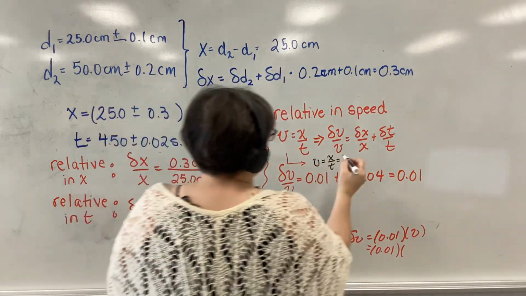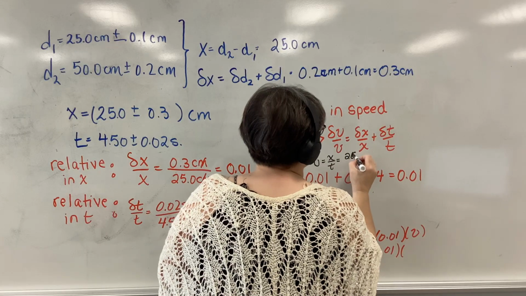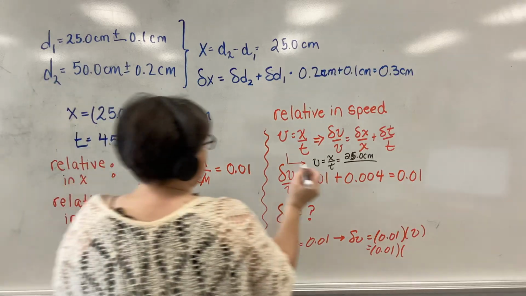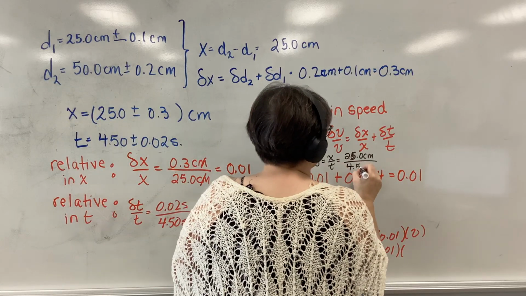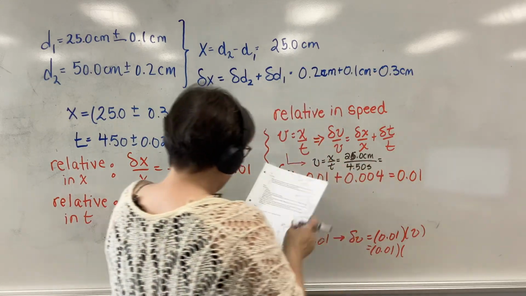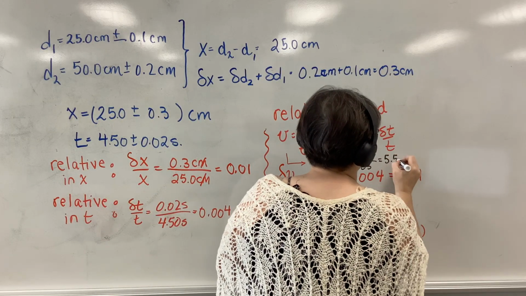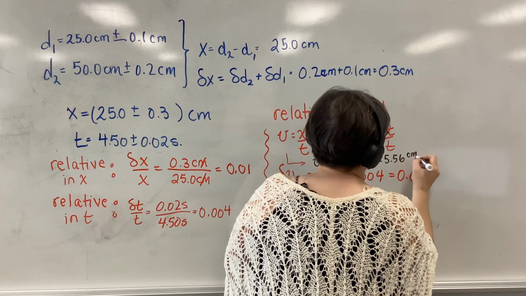X was 25 centimeters. T was 4.5 seconds. So our V, our speed, is 5.56 centimeters per second.